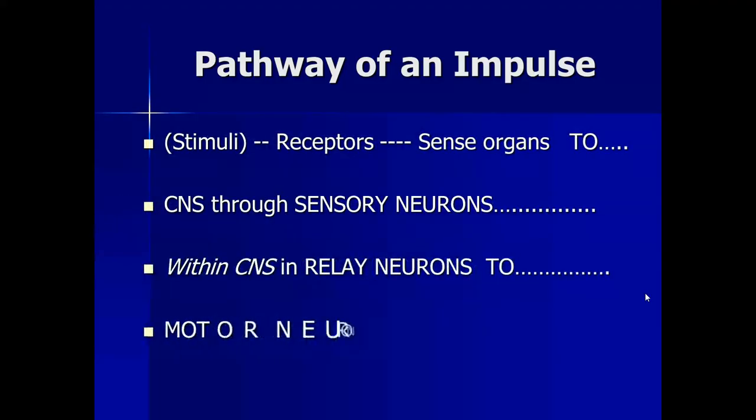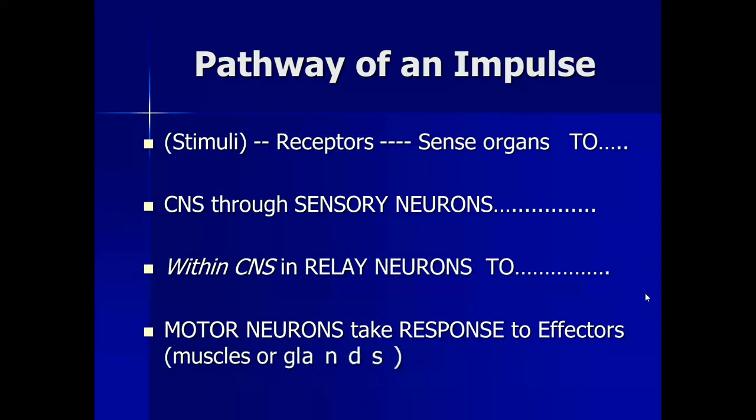So let's go over a couple of things here. This is what we know so far, and this is meant to be kind of like a flow diagram. You receive a stimulus. The stimulus is transferred to a receptor, which is generally a sense organ: skin, eyes, ears. Sense organs create an impulse and take that impulse to the central nervous system, spinal cord and brain, by sensory neurons.